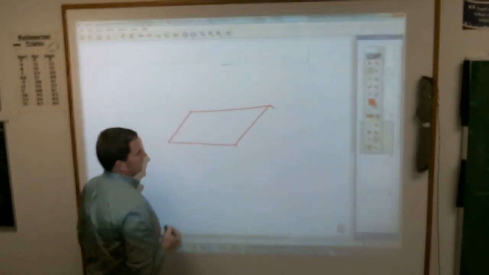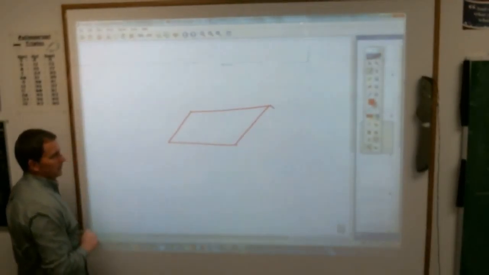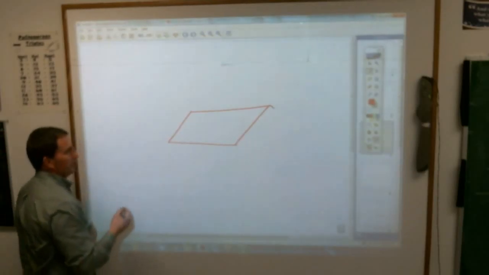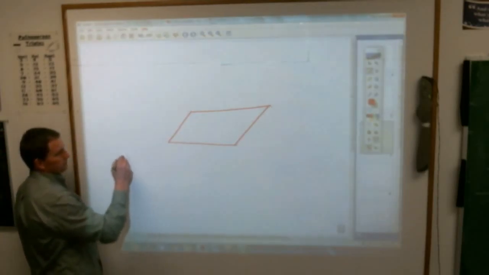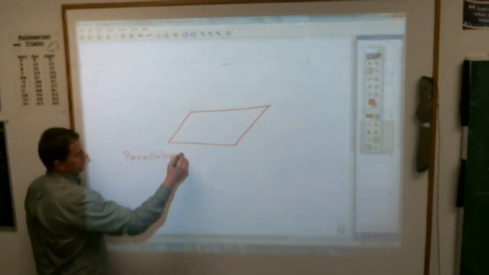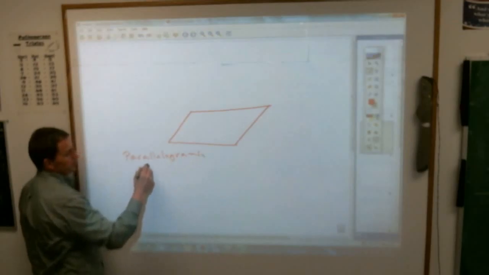If you have a parallelogram, you need to write this down and then we'll talk about this too. Two things you know about parallelograms. Two things you need to know.